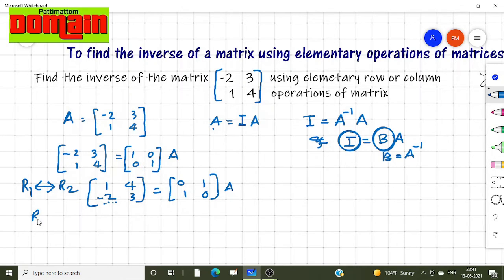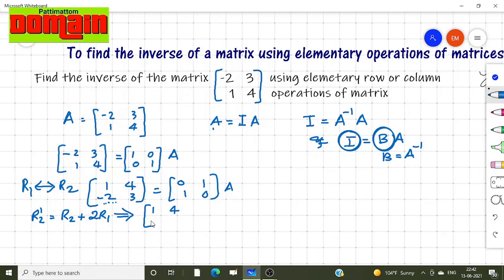Suppose we write the new R2 as the existing R2 plus 2 times R1. We are going to add 2 times R1 to the existing R2. R1 we do not do anything. R1 remains there.